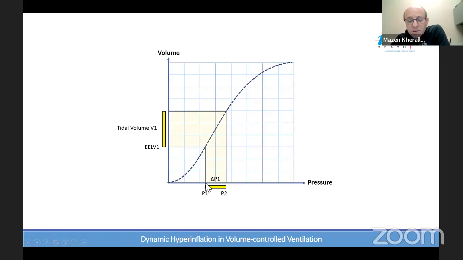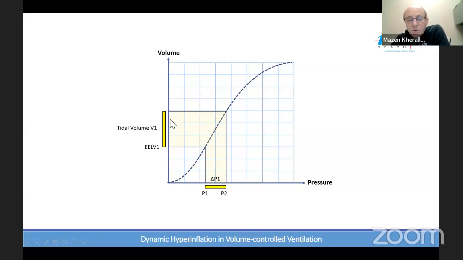So pressure goes in inspiration between P1 and P2. And the difference between P1 and P2 is the driving pressure. That driving pressure results in volume. The volume goes from end-expiratory lung volume to the inspiratory lung volume. So let's call this V1 volume.